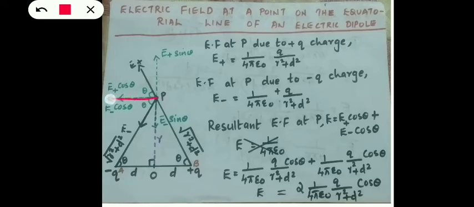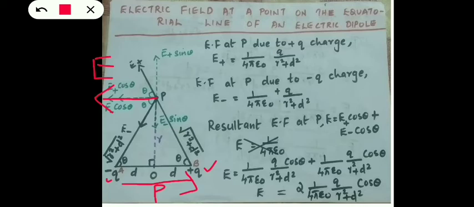This is the direction of the resultant electric field, right? Here, this is minus Q charge, this is plus Q charge. And what will be the direction of the dipole moment? You know, dipole moment always acts from minus Q to plus Q charge. So this is the direction of the dipole moment P, and this is the direction of the total electric field intensity.